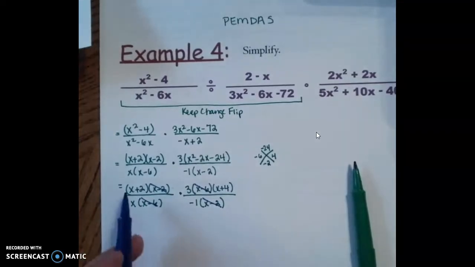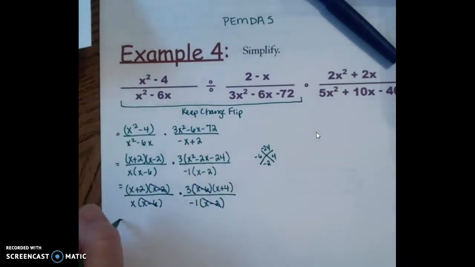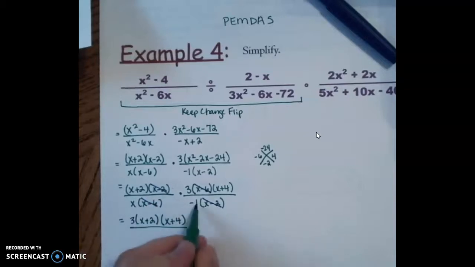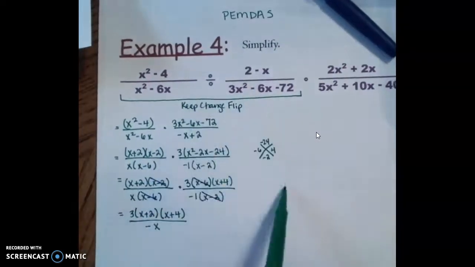Okay, so then that's going to leave me, looks like we've taken care of everything so far. So in the numerator, we're going to have 3 times x plus 2 times x plus 4. And in the denominator, we've got negative x. So now that's what all of this simplified to.